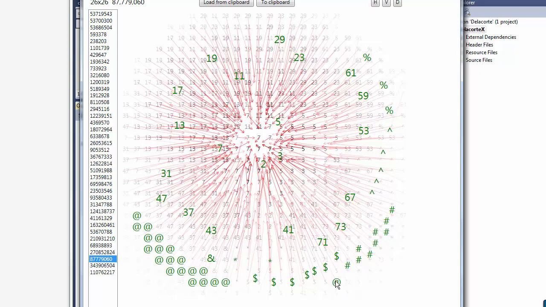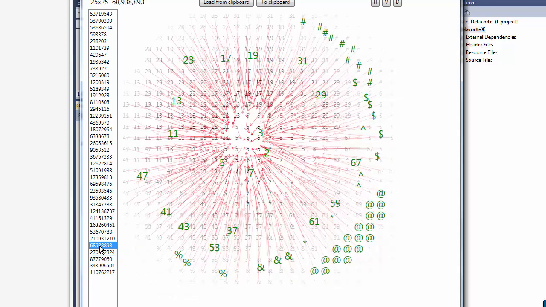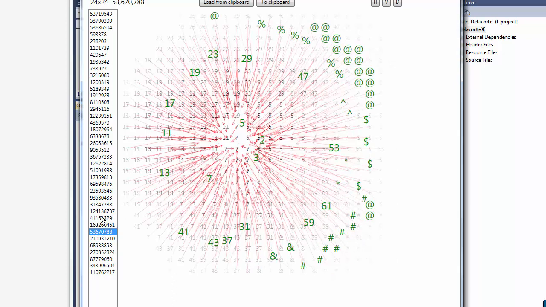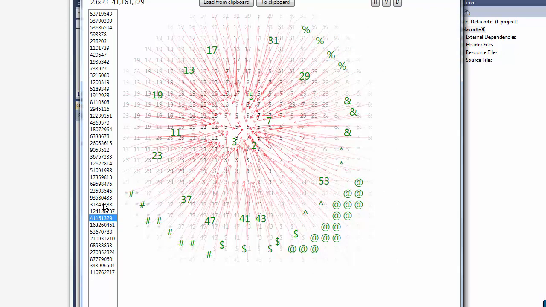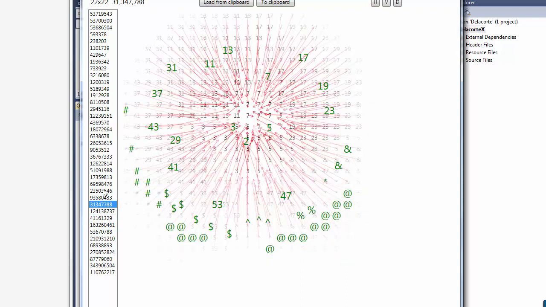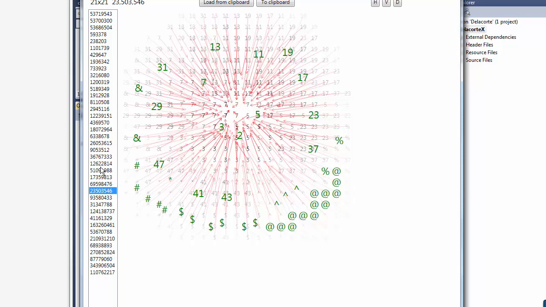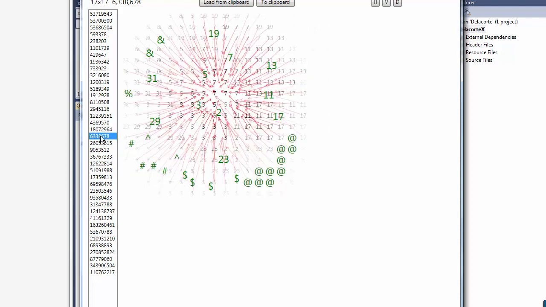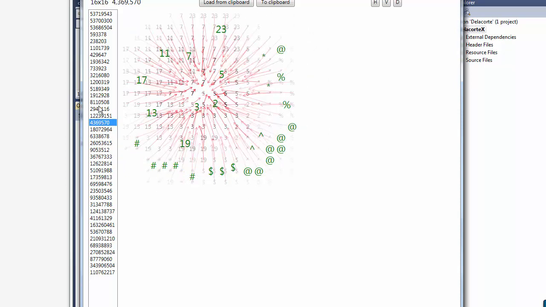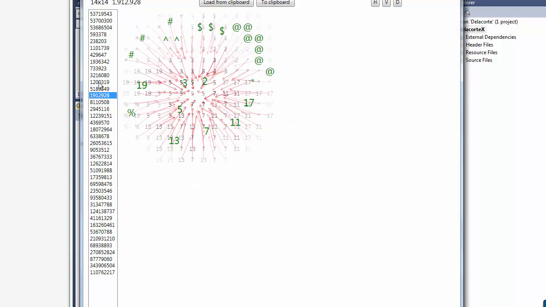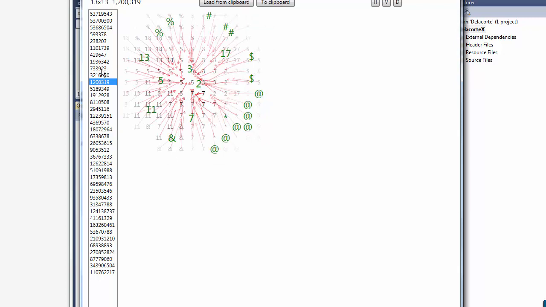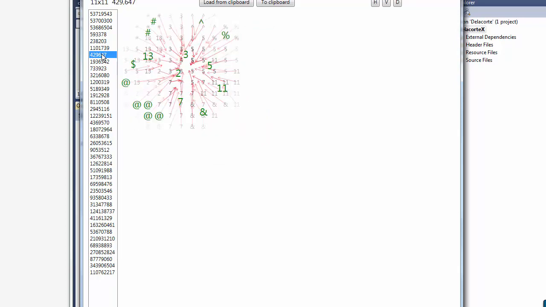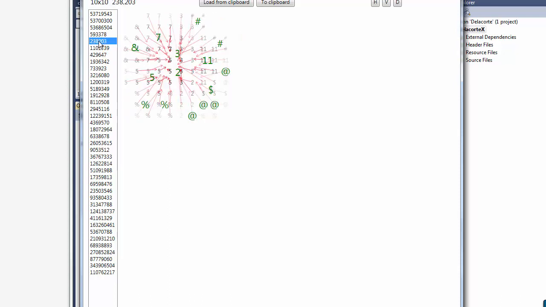It's a little bit weird that this @ sign is by itself, but yeah, so 25 by 25, 24, 23, 22, 21, 20, 19, 18, 17, 16, 15, 14, 13, 12, 11, 10.